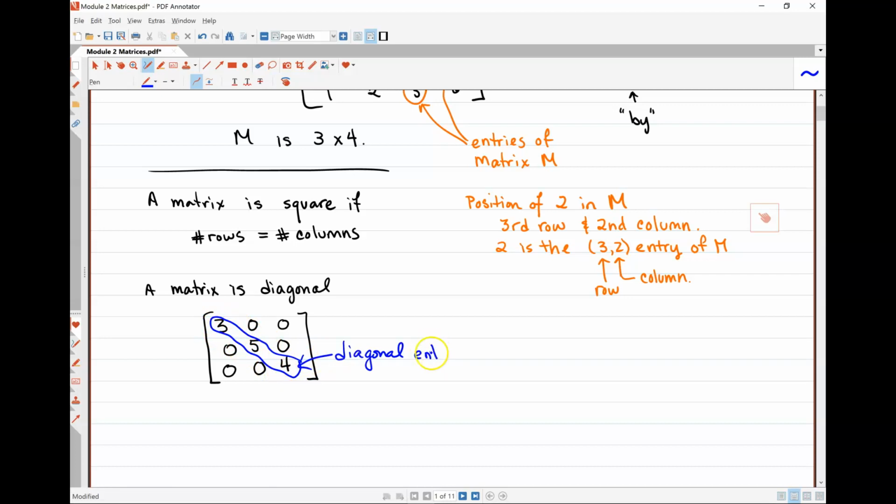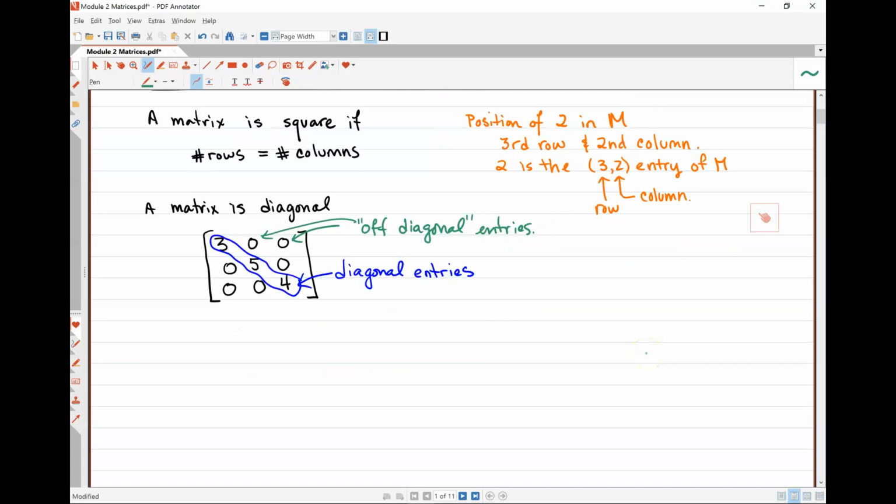Those entries are the diagonal entries. These things over here are off diagonal entries. So we say this matrix is diagonal. It's also square. So this is a square diagonal matrix. The size is 3 by 3.